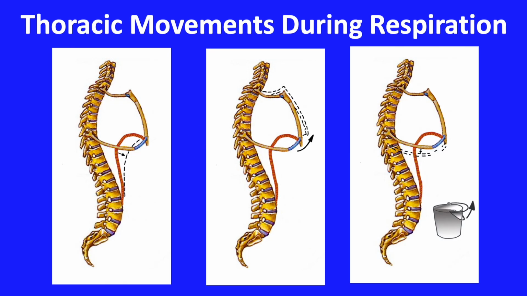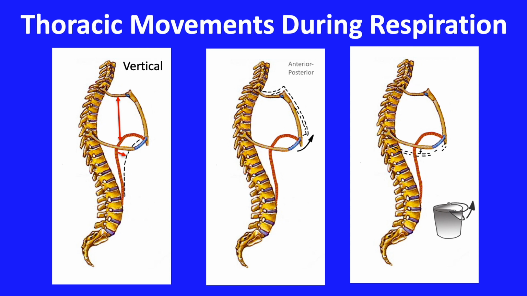The dimensions of the thoracic cage that need to increase include the vertical dimension, and this is done by contracting our diaphragm, indicated in the left panel. This is the most important dimension and the one that changes the most when we breathe.